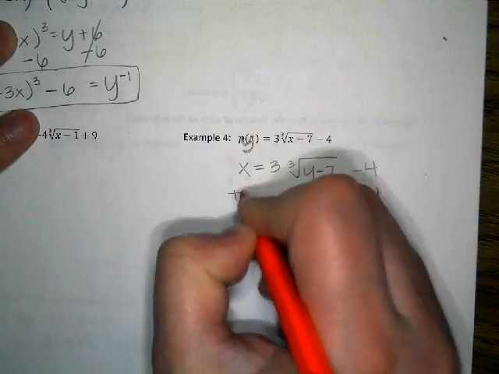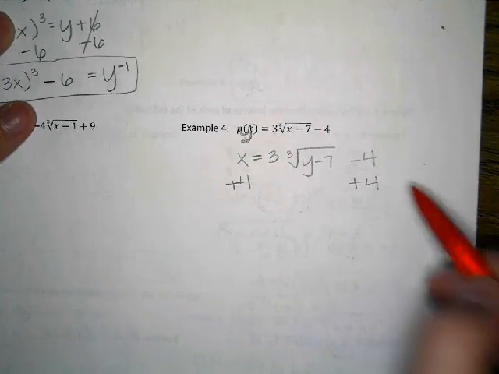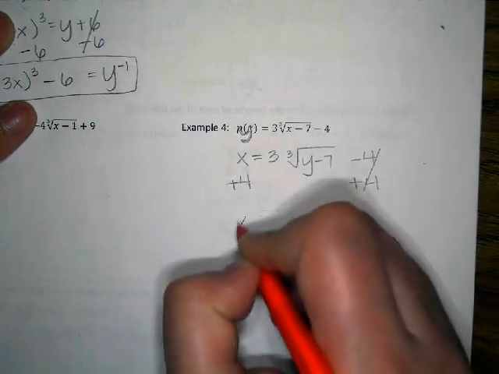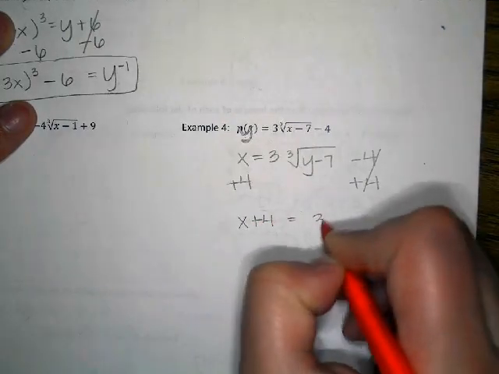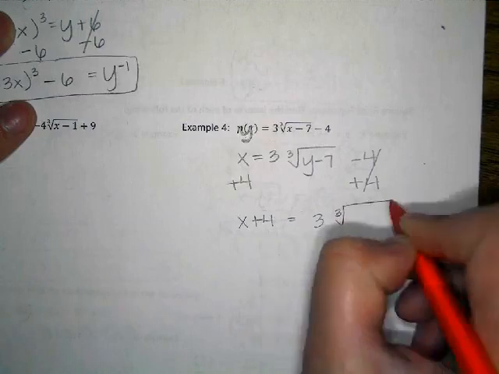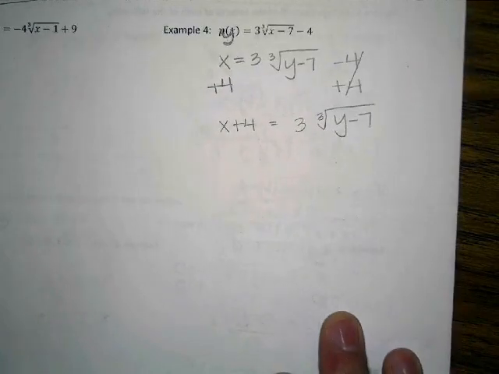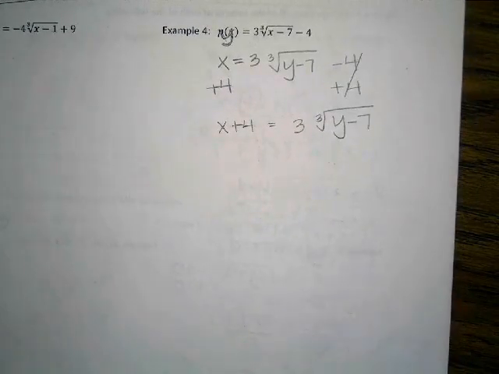So we have x plus 4 equals 3 cube root y minus 7. What do we do? Divide by 3.